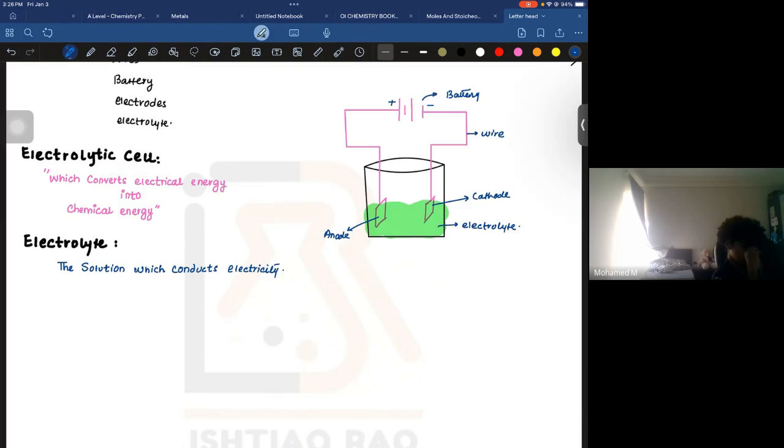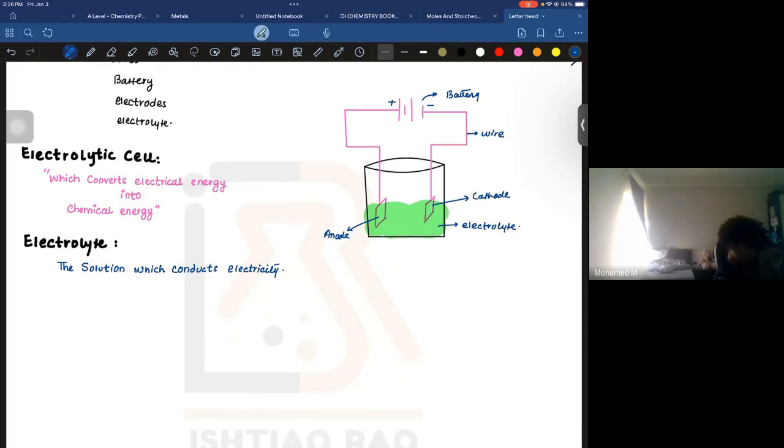You cannot say that solid sodium chloride is an electrolyte. Why? Because if you remember, in chemical bonding we discussed that in the solid state, ionic compounds are bad conductors of electricity. Can you tell me why ionic compounds are bad conductors of electricity in the solid state?